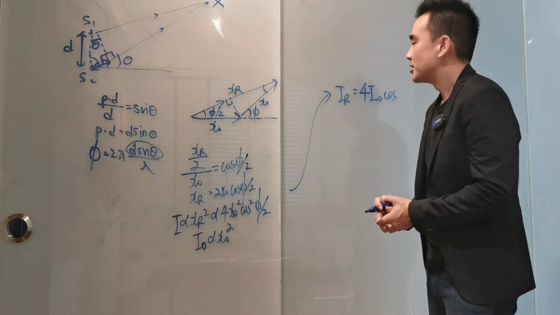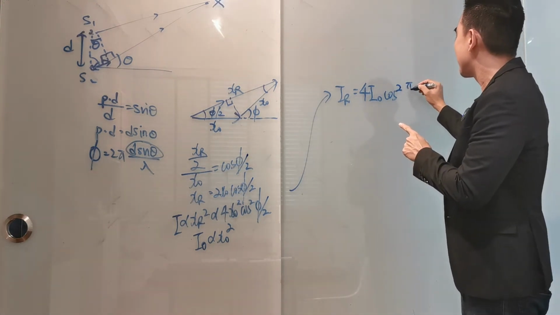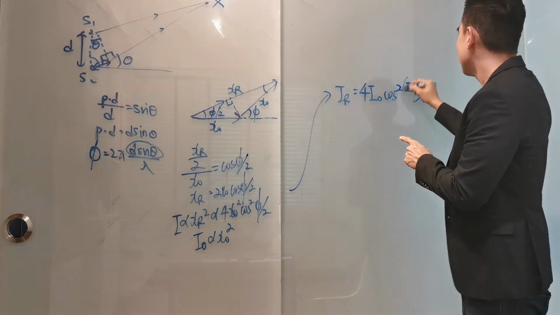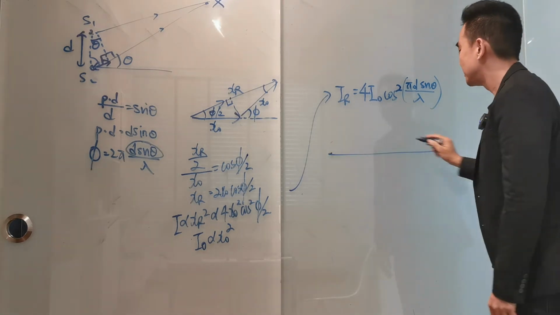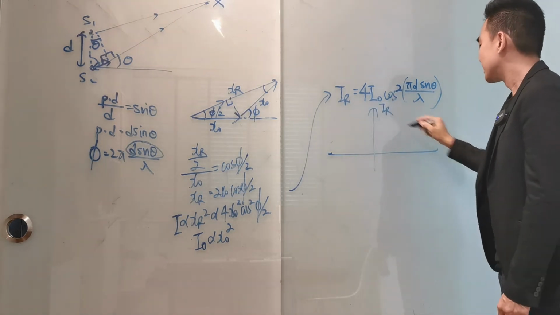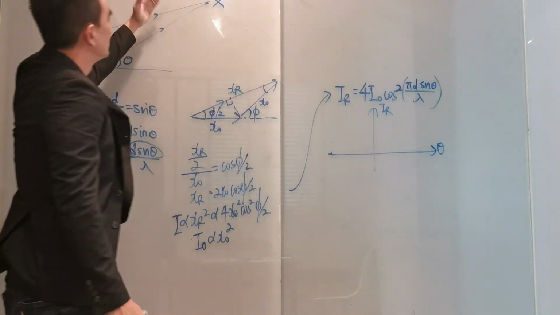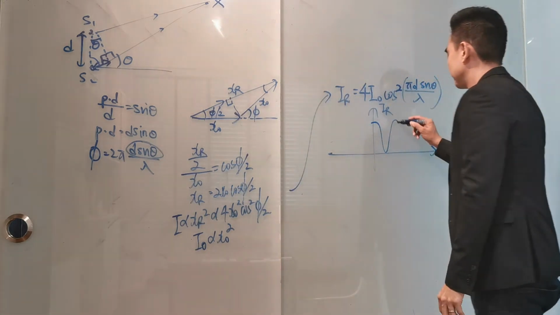Sorry for the mistake. It should be phi upon 2, and therefore it's cosine squared of pi d sine theta divided by lambda. And if you were to plot this pattern in terms of angle theta, that is if you sweep this angle over here, you're going to get this pattern over here.